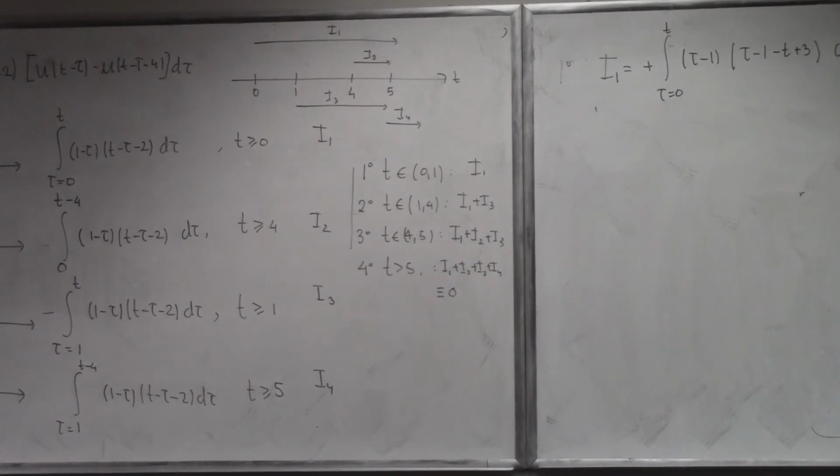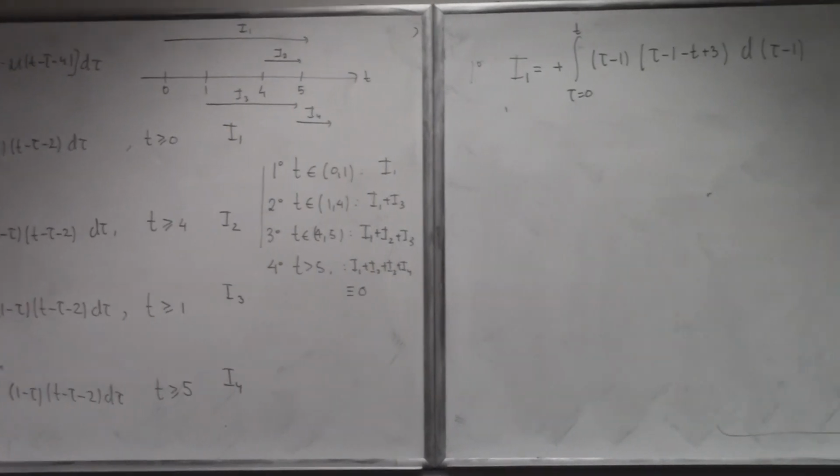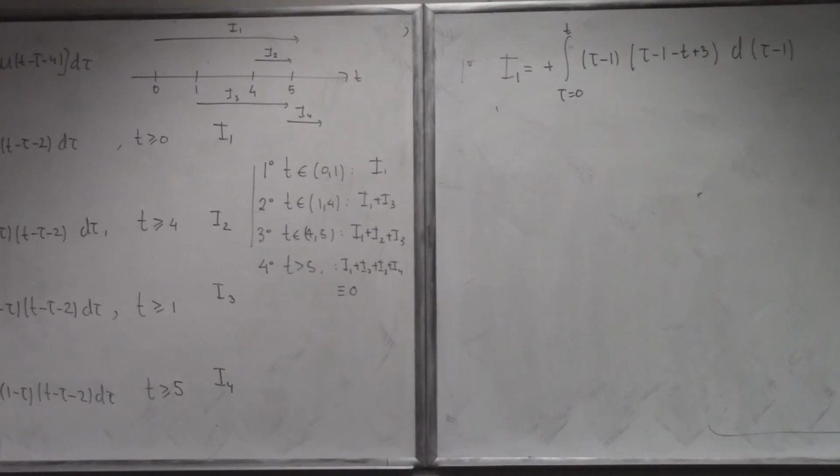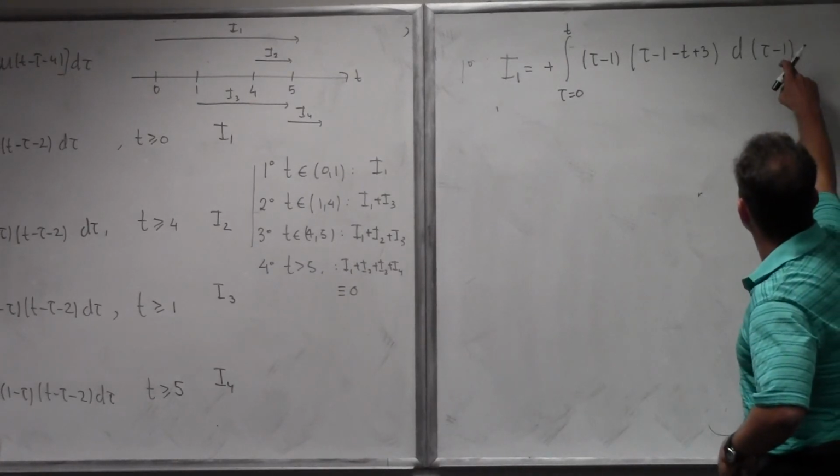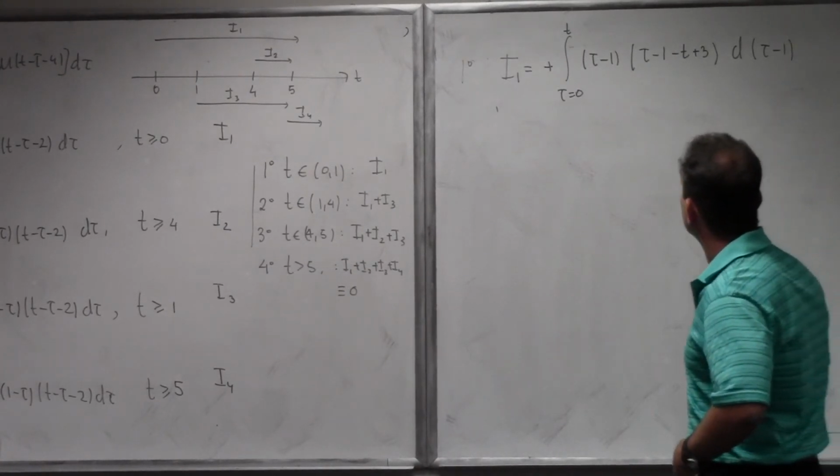Let's see if this works. I flipped the sign in both of them. So you have tau minus 1 in the first parenthesis. In the second, you have tau plus 2 minus t, but this plus 2 I have written as tau minus 1 plus 3. And then I added here this tau minus 1.